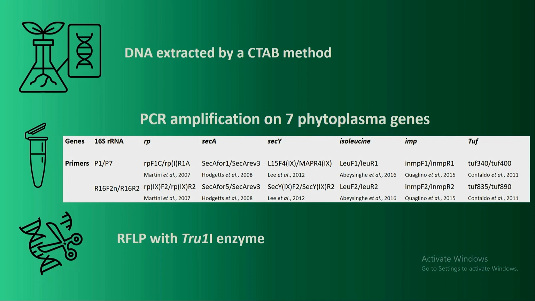The same enzyme, TruI first, was used for RFLP analysis on the amplicons obtained for all genes, and the RFLP-selected gene amplicons with differential profiles were directly sequenced in both senses using the primers of amplification, and the obtained sequences were assembled, aligned, and compared to the reference strain.